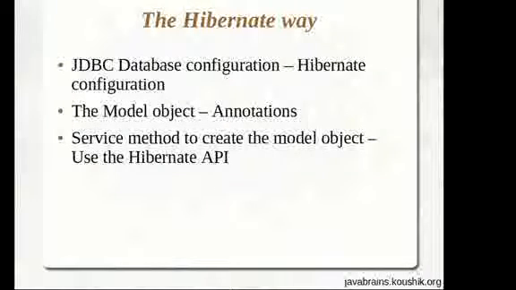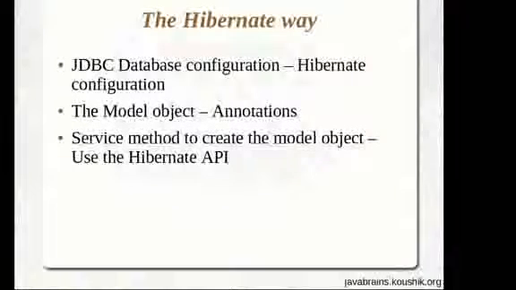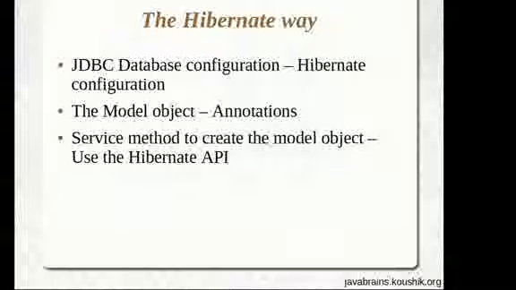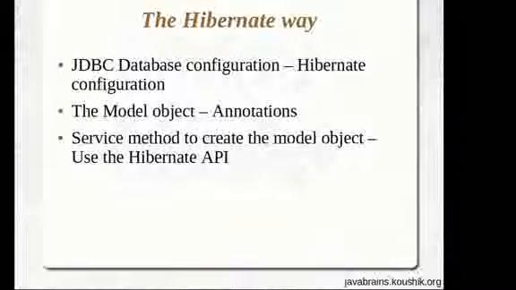The third step which we saw is the service method. So the service method will have an instance of the model object, and normally what it would do is pass the model object to a data layer which uses JDBC.